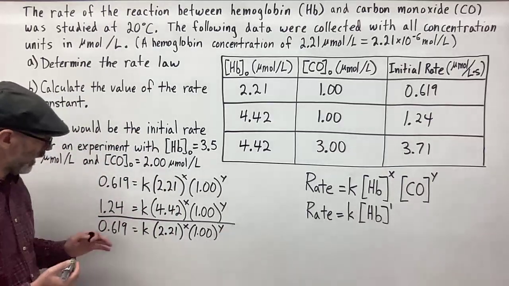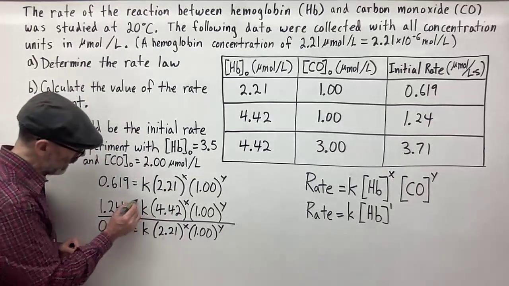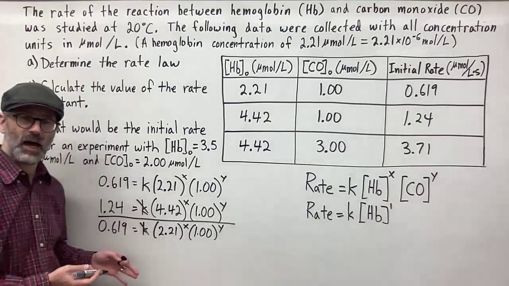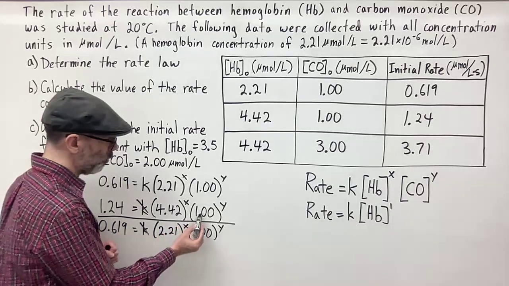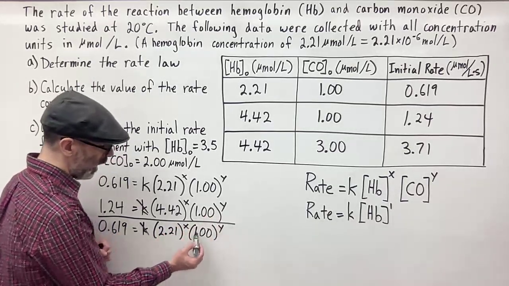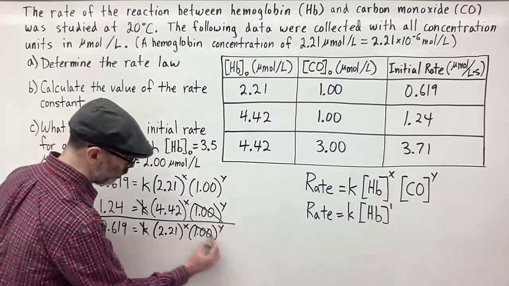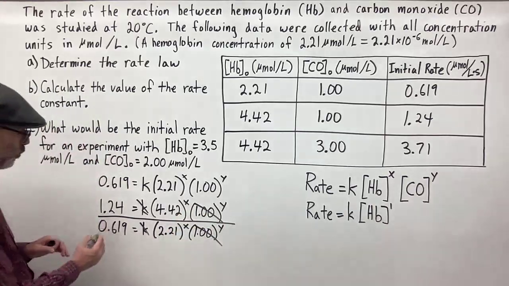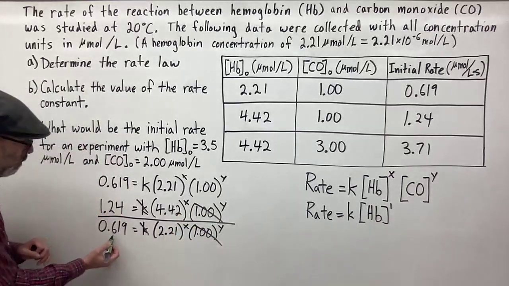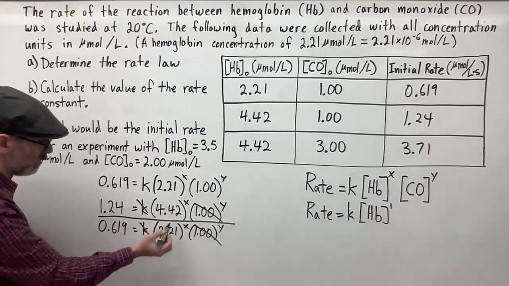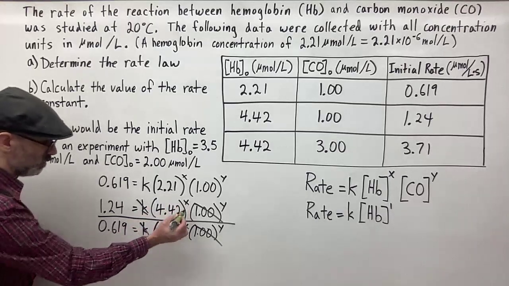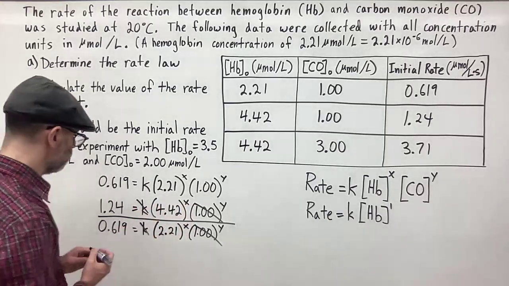And so right away we can see that K is going to cancel out. And then we have 1.00 to the y on both sides, on the top and the bottom. So that will cancel out. And we're left with this divided by that, and this divided by that, raised to the x power.